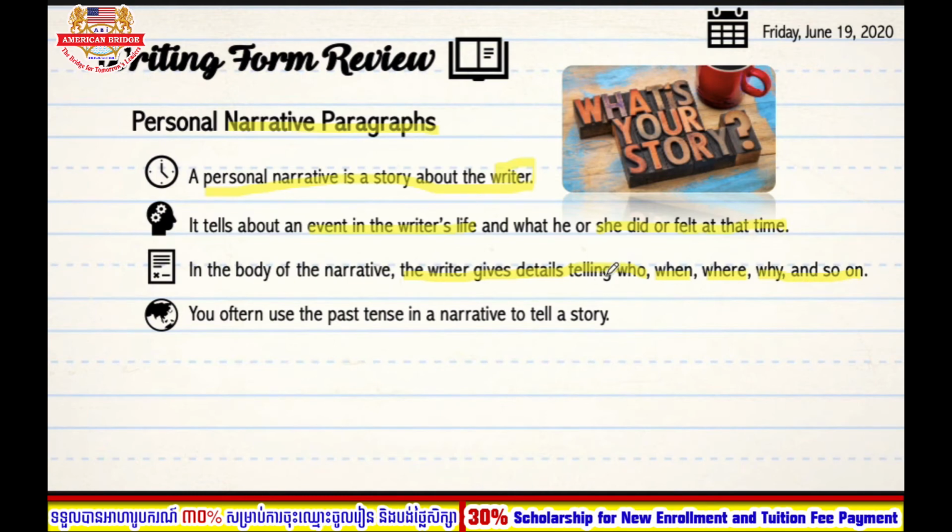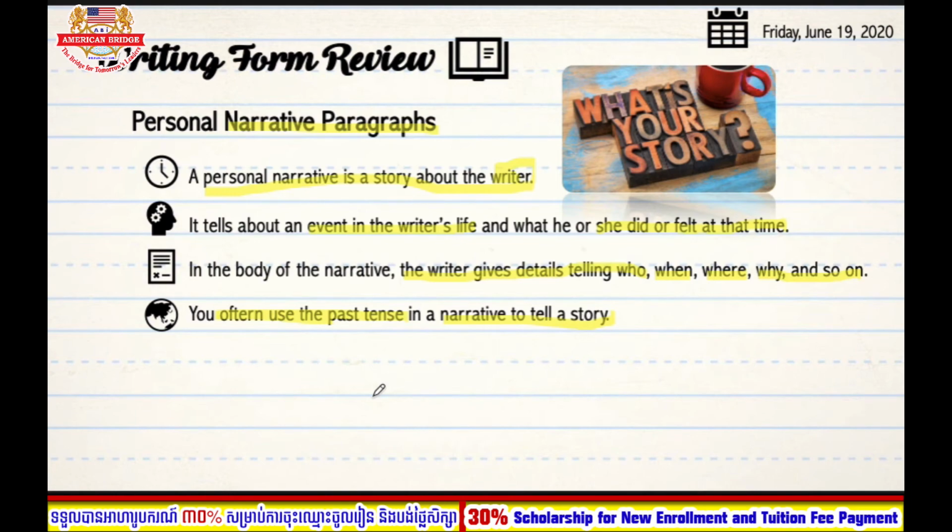So here is the detailed information that you will get from the narrative paragraph. When you write your own narrative paragraph, make sure you include this information, okay? And remember, narrative paragraphs are used to tell a story. So mostly the story happened in the past. So use the past tense. Okay.